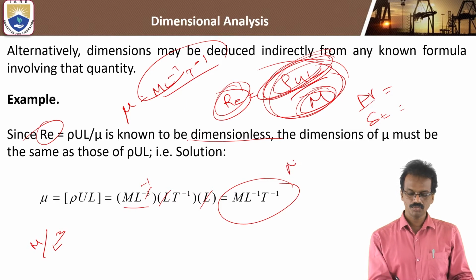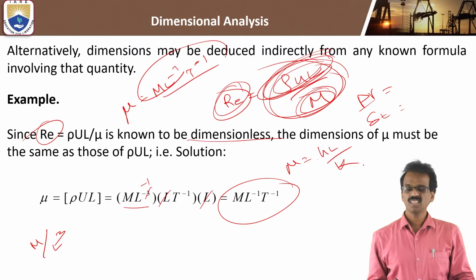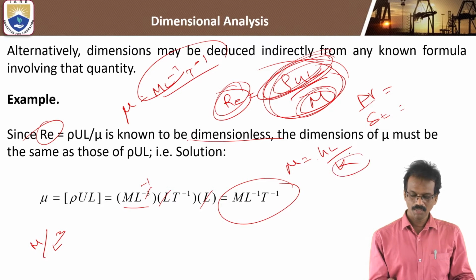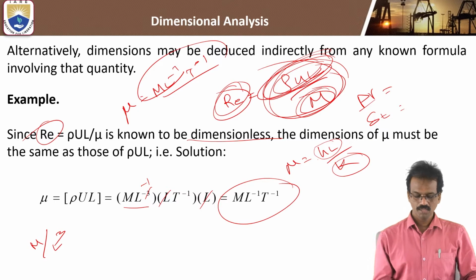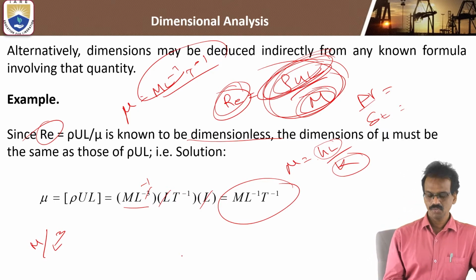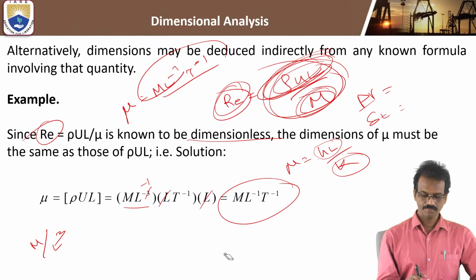Nusselt number also. Nusselt number is equal to h L by k. Okay, so it means thermal conductivity k, rate of heat transfer h into L. So it means the dimension value should be equal to this one. So thermal conductivity units, you know that one.